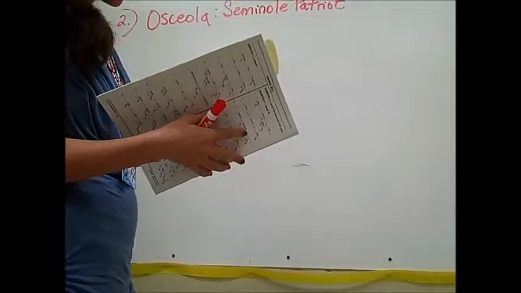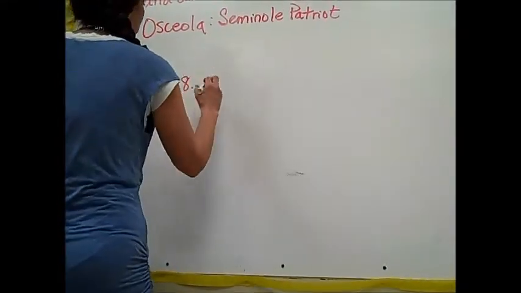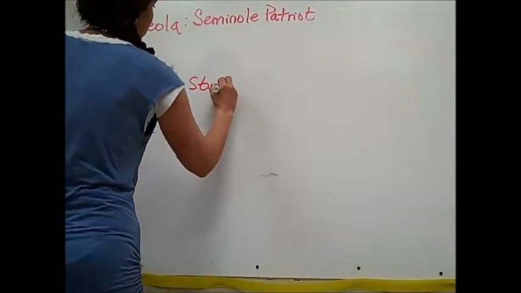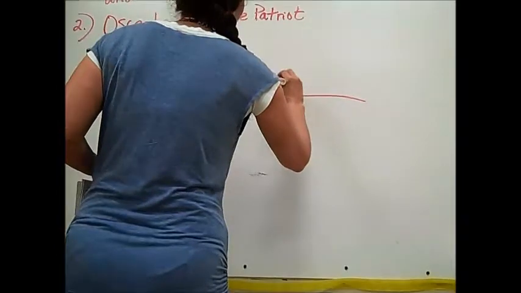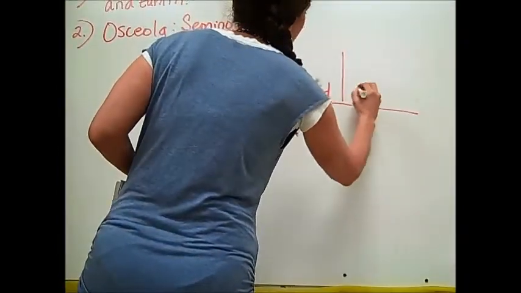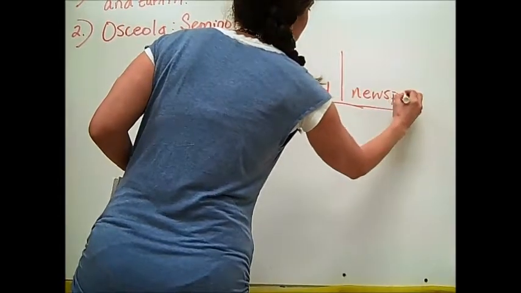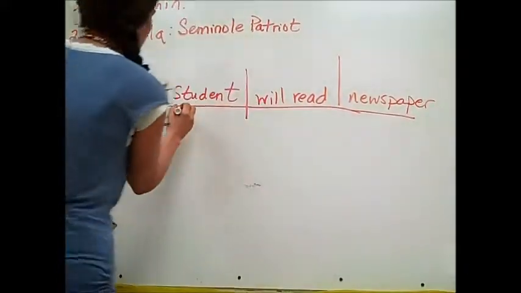A good student will read a newspaper every day. So you should be able to identify that student is our subject and will read. And what they will read is going to be the direct object. A good student.